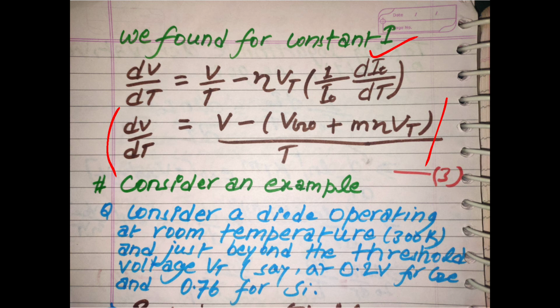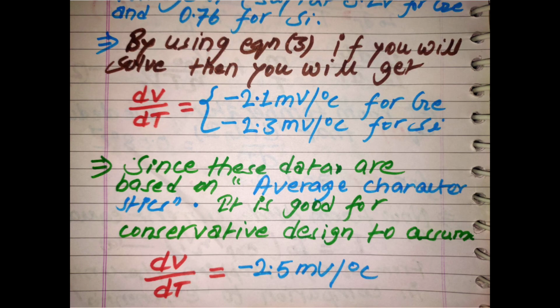After substituting these values in equation number 3, we obtain that dV upon dT is minus 2.1 millivolt per degree centigrade for germanium. So the voltage decreases by 2.1 millivolt per degree centigrade rise in temperature, and for silicon it is 2.3 millivolt per degree centigrade. These data are for the average characteristic of the diode.